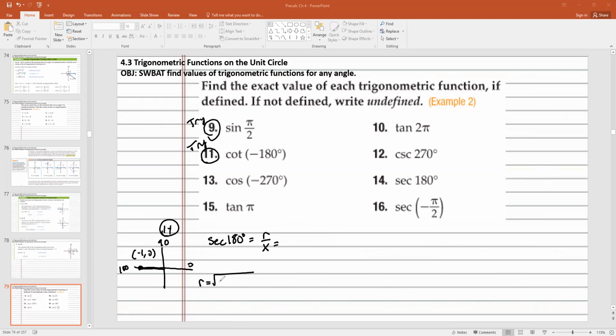R equals the square root of negative 1 squared plus 0 squared. So r equals square root of 1, which is just 1. We have 1 over negative 1. That's it. And we get negative 1. Ta-da! That's it.